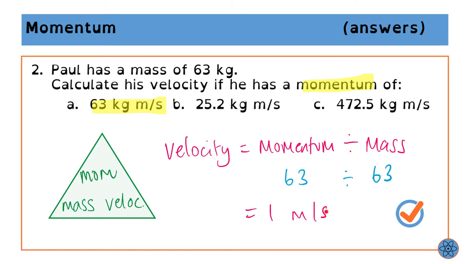But let's also remember to include the unit, so 1 meter per second. Then it's the same skill for part B. So we have 25.2 as the momentum divided by 63, and that then gives us a velocity of 0.4 meters per second. For part C, it's 472.5, and then divided by 63, and that works out to be 7.5 meters per second.